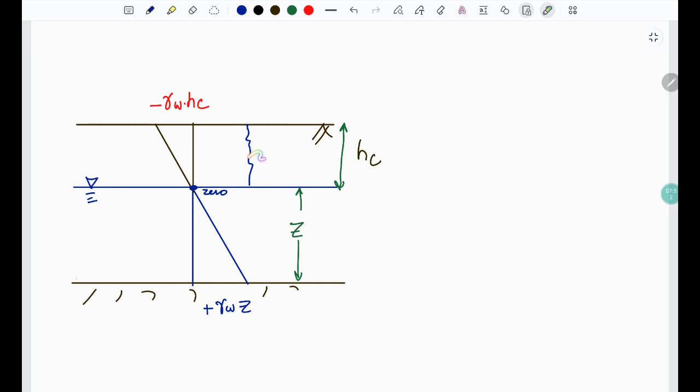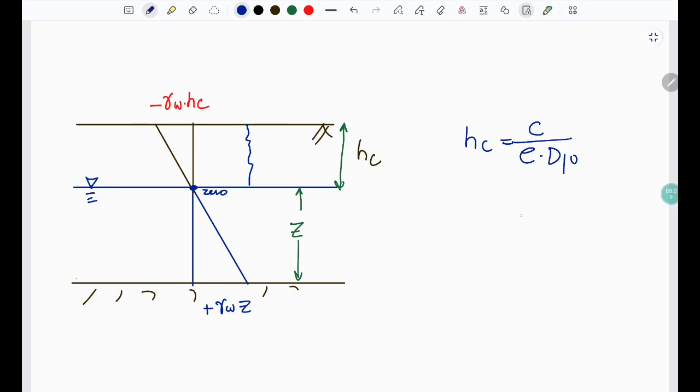Hence the pore water pressure in the capillary fringe is negative, given by U equals minus gamma W HC. Now we know that the height of capillary rise is given by C by E D10, Allen Hazen's relation.